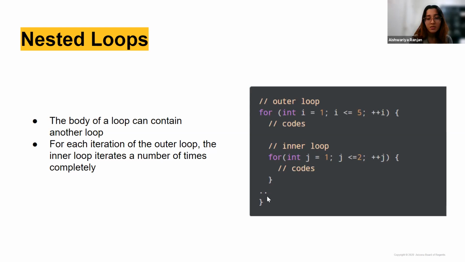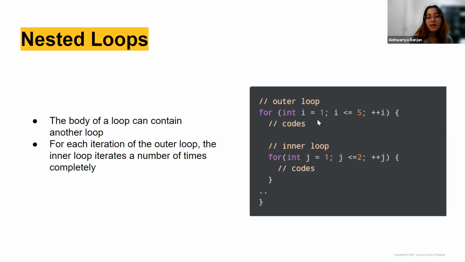When we exit this loop, that means we finished executing the body of the outer loop. So now we go back and update i, and the condition is still satisfied, so we run this once again. When i is 1, j runs twice.